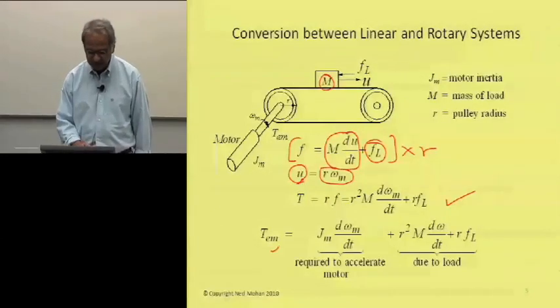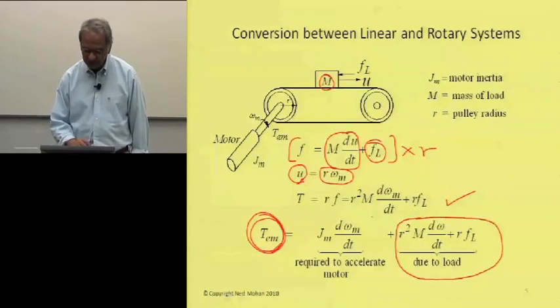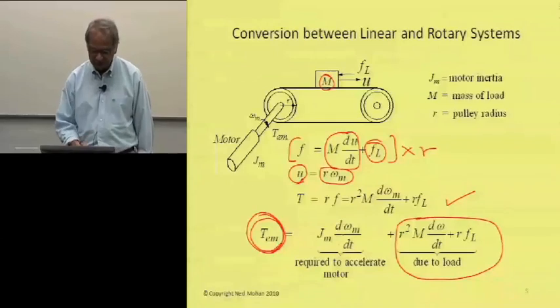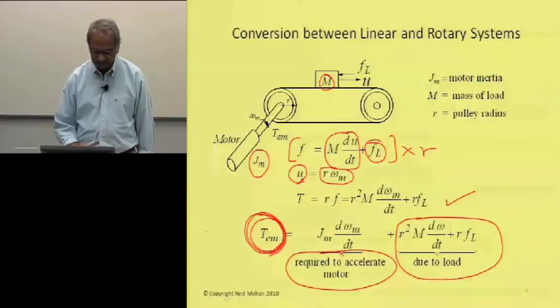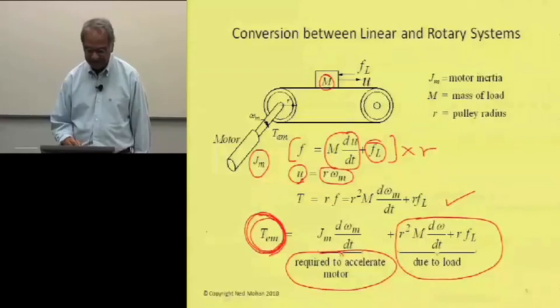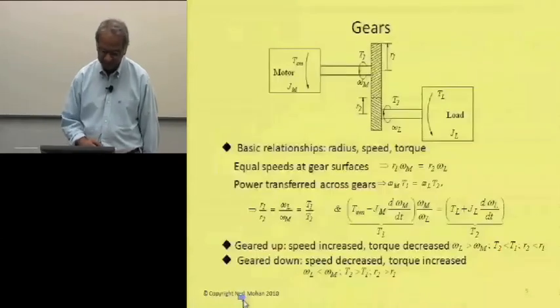But the electromagnetic or electromechanical torque that is needed from the motor is really this torque due to the load that is reflected onto it, plus the torque required to accelerate the motor itself, because this motor has some moment of inertia, J sub m. The sum of these two is the electromagnetic torque that needs to be generated by this motor.